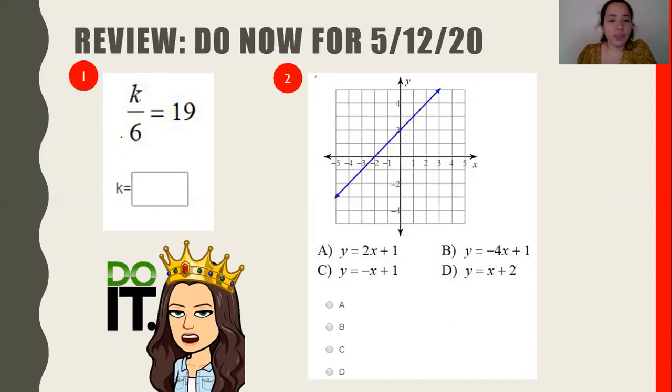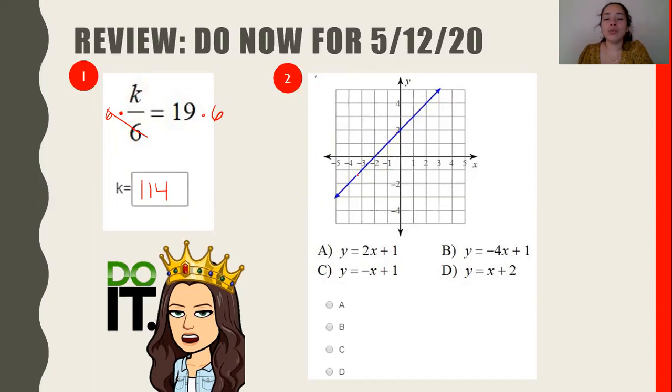What's the opposite of division? It's multiplication. So we multiply each side by 6. This cancels out because first you're dividing by 6, then you're multiplying by 6. Then when I take the calculator and multiply 19 times 6, I get 114. And that's it for number 1.